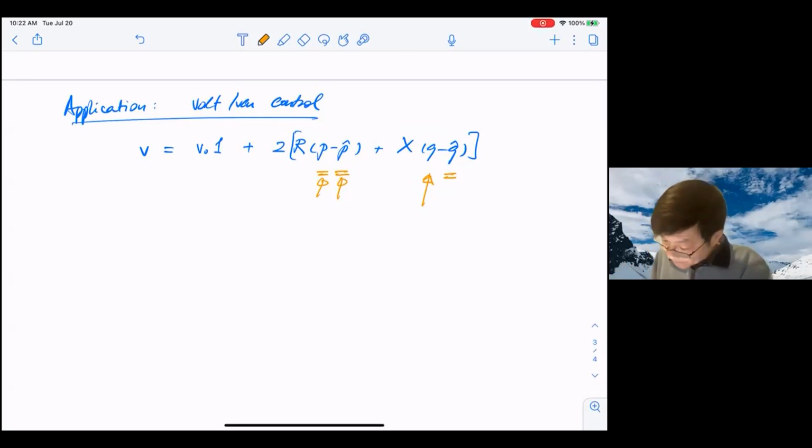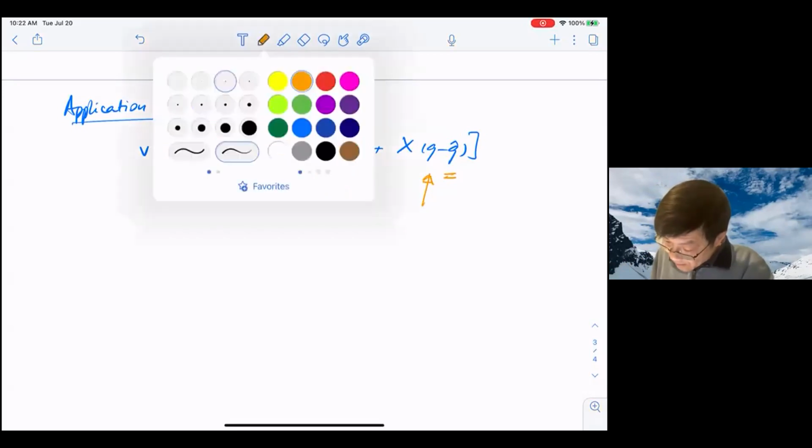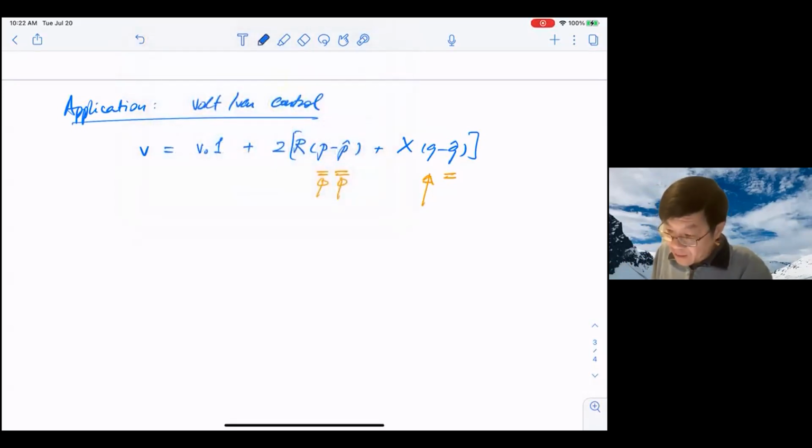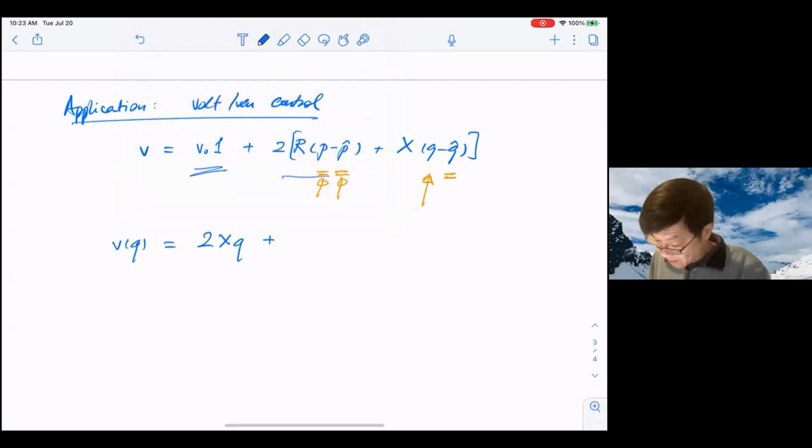And therefore, we can write this as V, which is a function of the control Q, to be 2X times Q plus everything else. So everything else will involve V0, the RP minus P hat. So let's just call this V tilde. So V tilde is given.